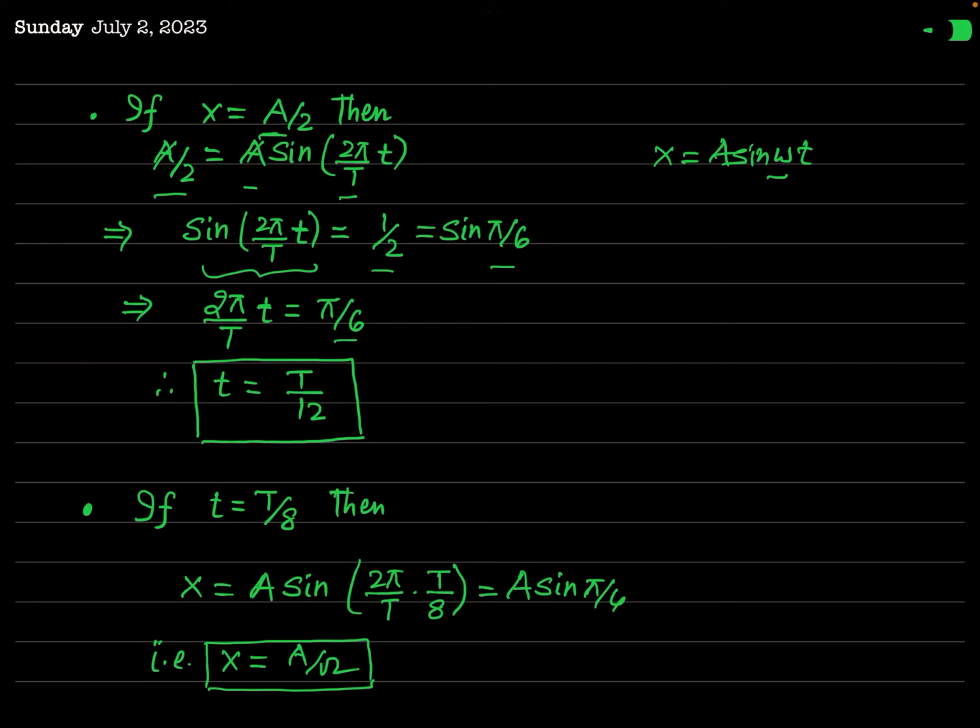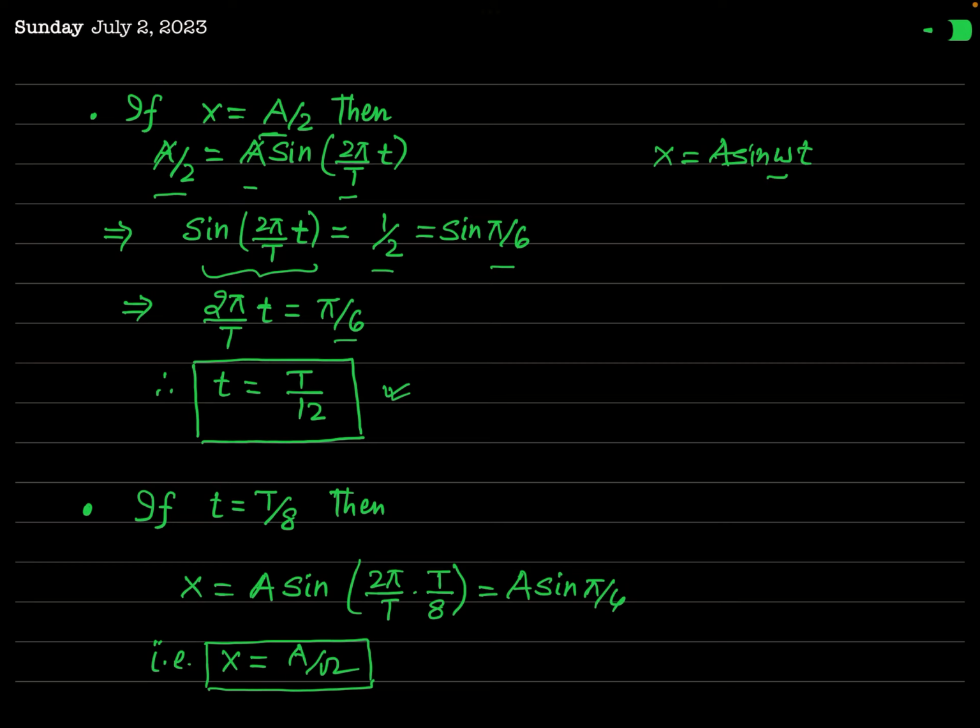And so t is equal to capital T over 12. So at a time which is 1/12 of the time period of this simple harmonic motion, the particle will be just at the midpoint between the equilibrium position and the extreme position. That is, its displacement will be just half of the amplitude.